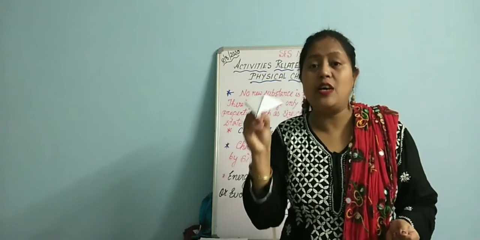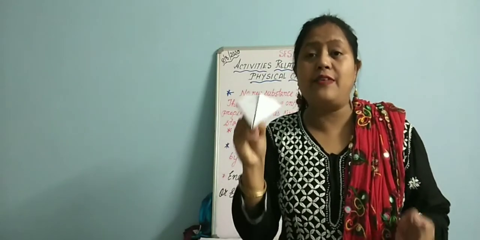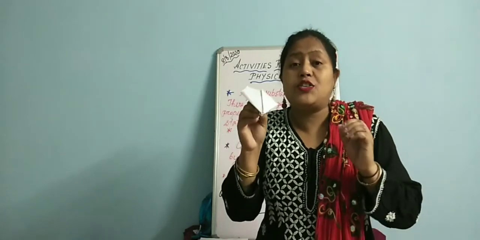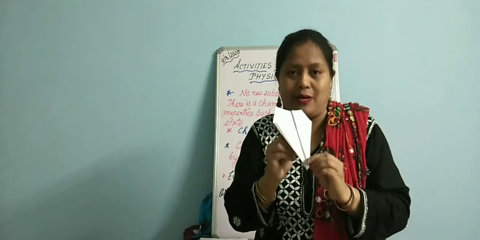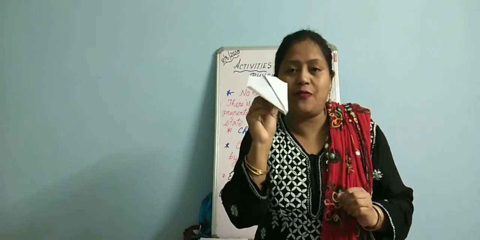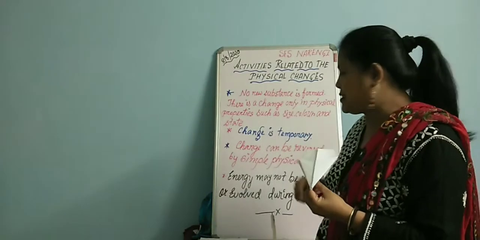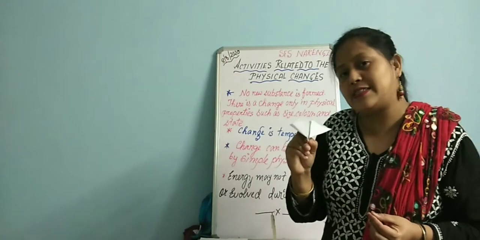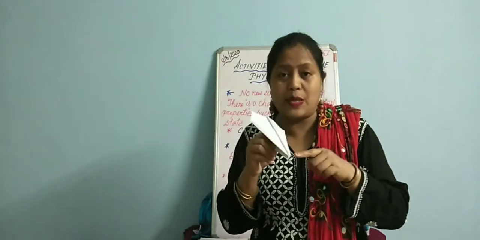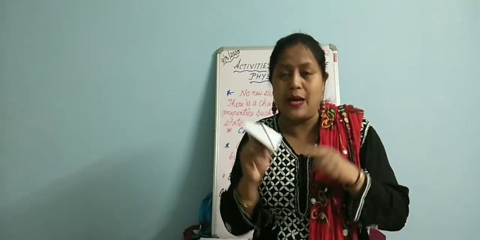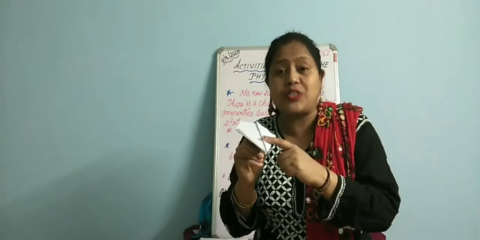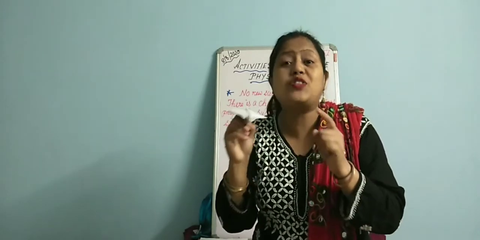Here in this activity, what I have done is I have changed the shape of this paper, isn't it? So this is the first physical property. Initially the paper was a complete entire A4 size paper. I have given it some shape. So the shape has changed.